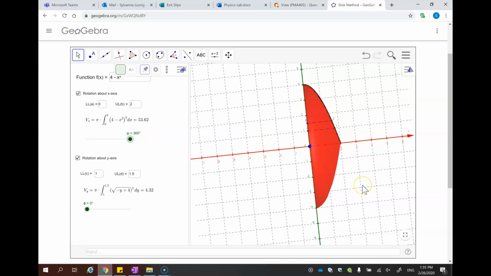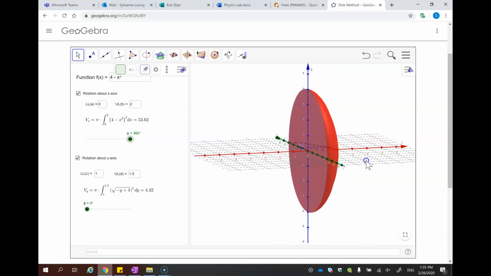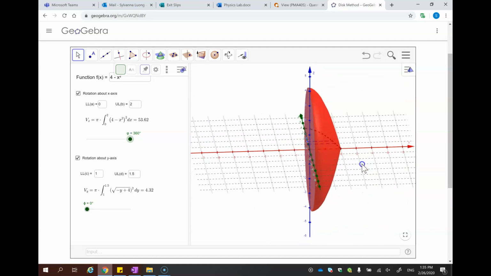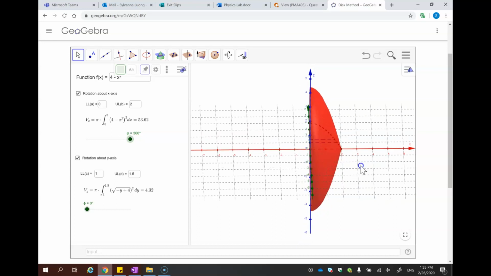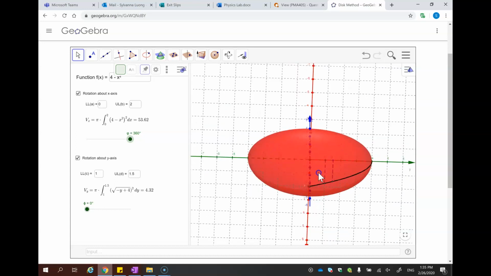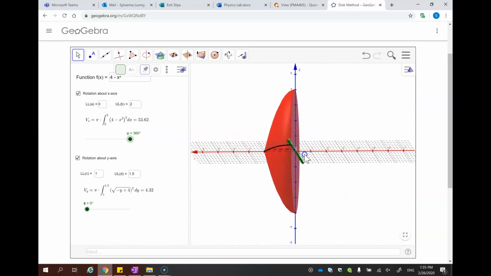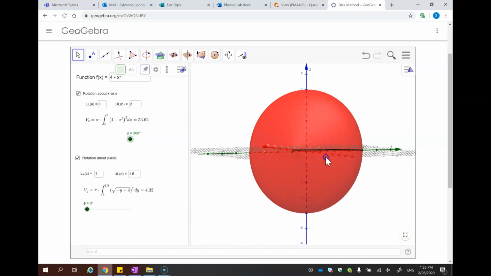If I consider its length, width, and height, I'm going to move this around so you can see it kind of looks like almost not half a circle, but something that's rounded but flat. This is what we're trying to find, the volume of this shape.